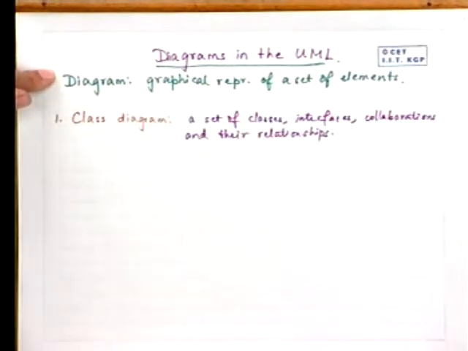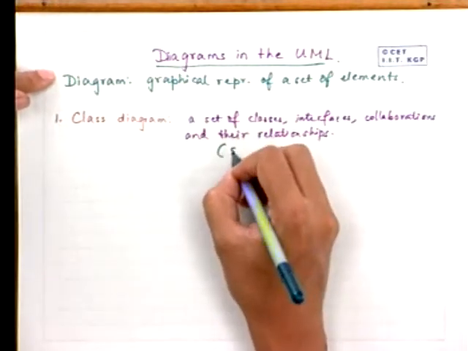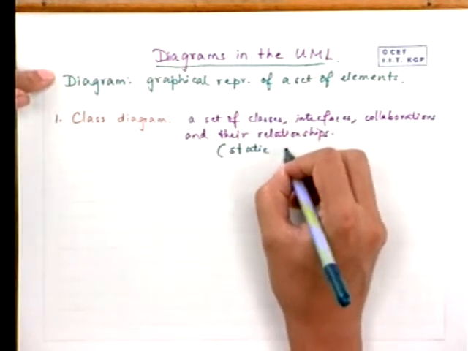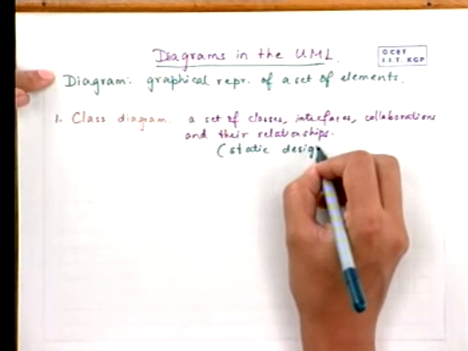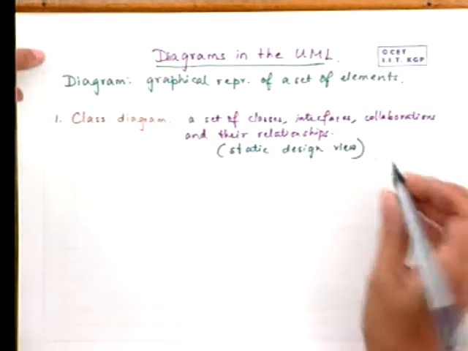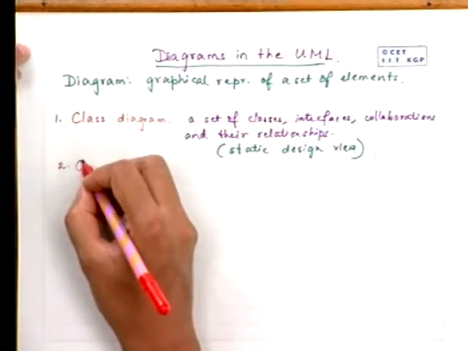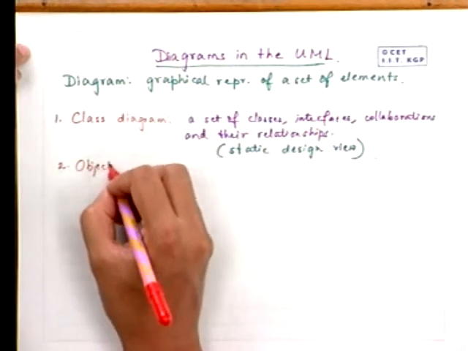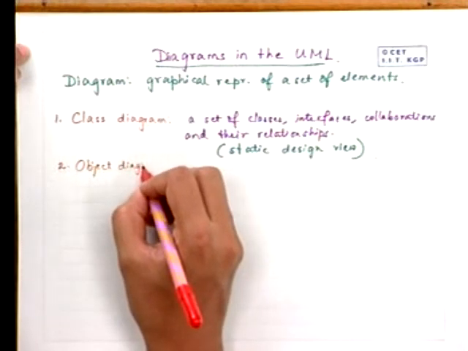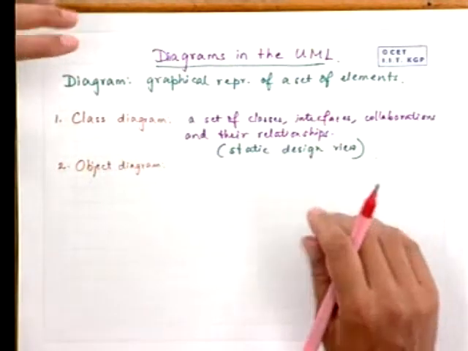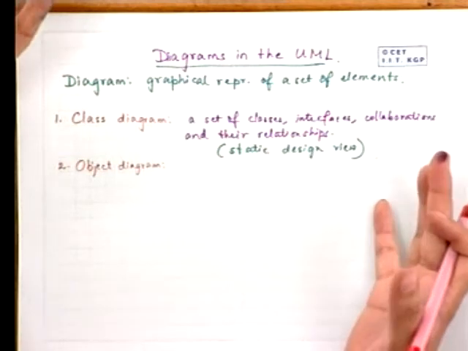They provide the static design view of the system. Number 2 is the object diagram. Object diagram shows a set of objects and their relationships.